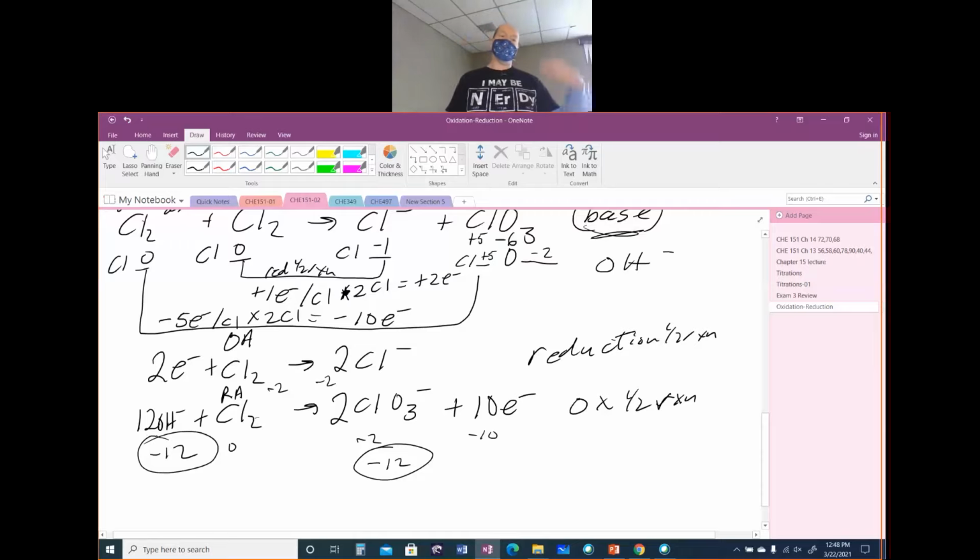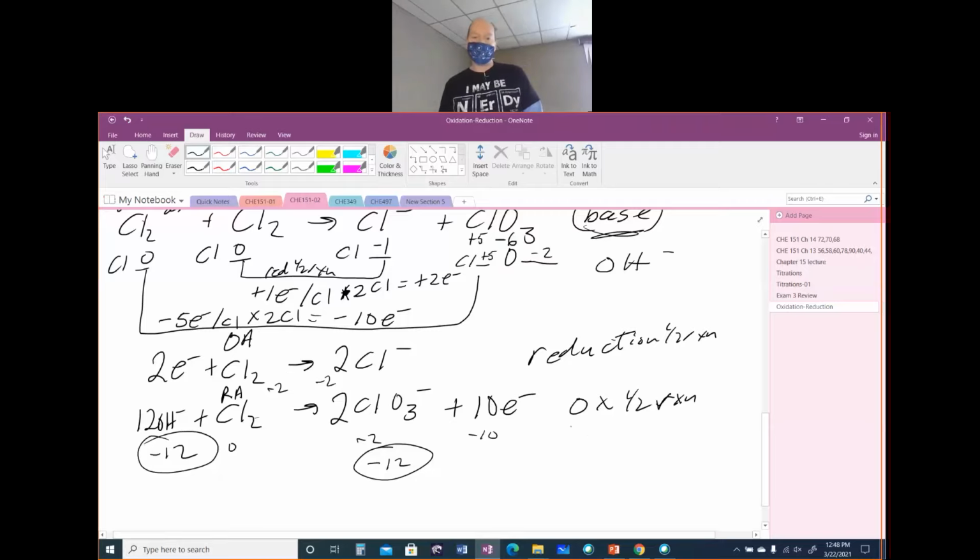All right, so after we balance our oxidation numbers with electrons and balance our charge with OH minus because we are in base, now we balance hydrogens and oxygens with water. First one, there's no hydrogens or oxygens on either side. They are balanced. All right, the one on bottom, we have 12 H's and 12 O's on the left, and on the right, we have 6 O's.